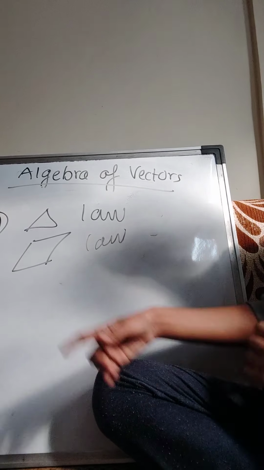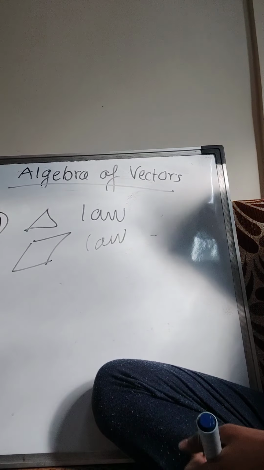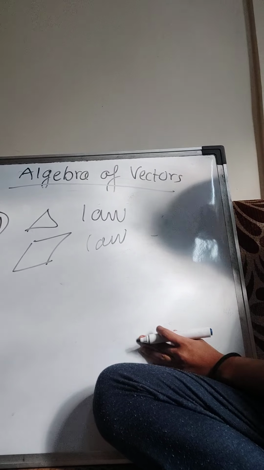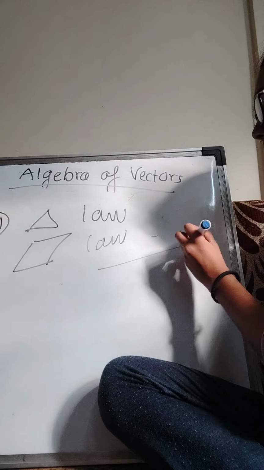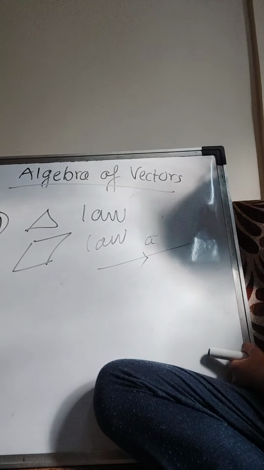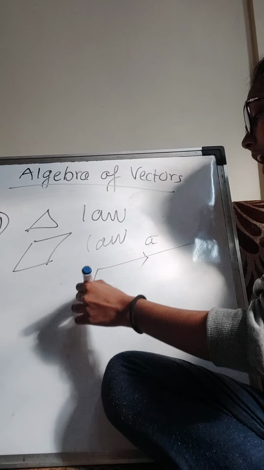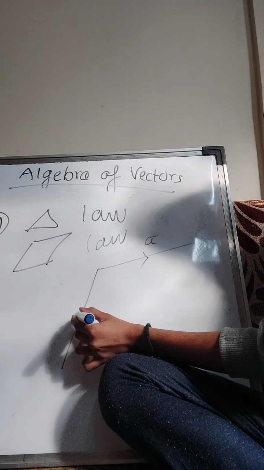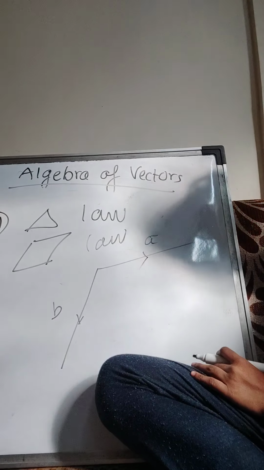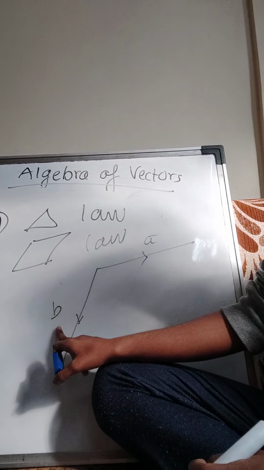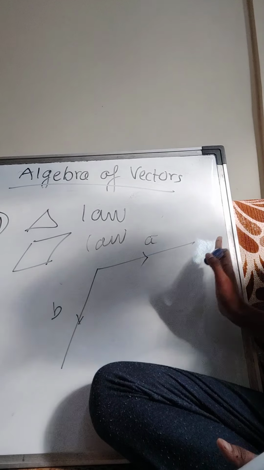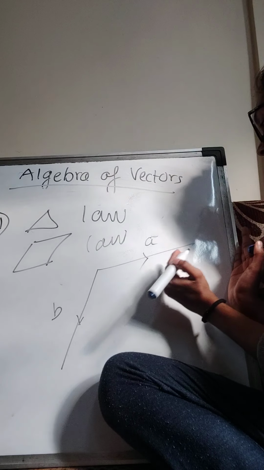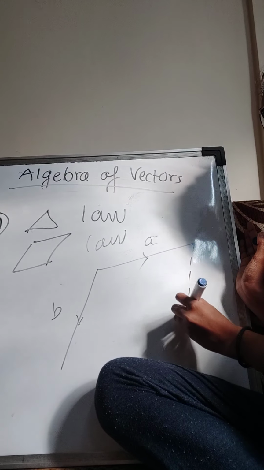Now let me teach you the parallelogram law. It is also very simple. Here, this is your A bar, and here, this is your B bar. Let me draw a vector parallel to it in the same direction.